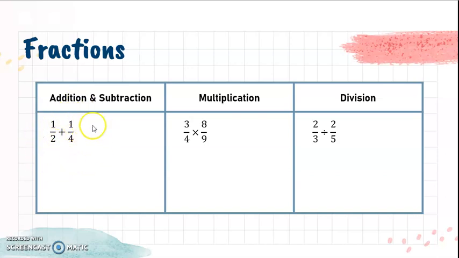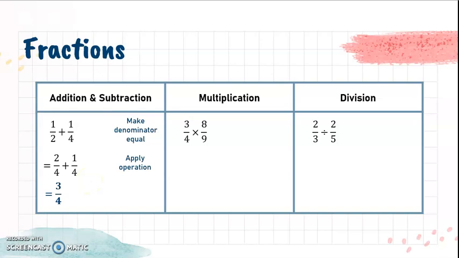So how do we add this fraction? Okay, first we have to make the denominator equal. So in this case, we can times this by 2 and times this by 2. So you get 2 out of 4 plus 1 out of 4. Once the denominator is the same, then you can apply the operation. Then you get 3 out of 4.